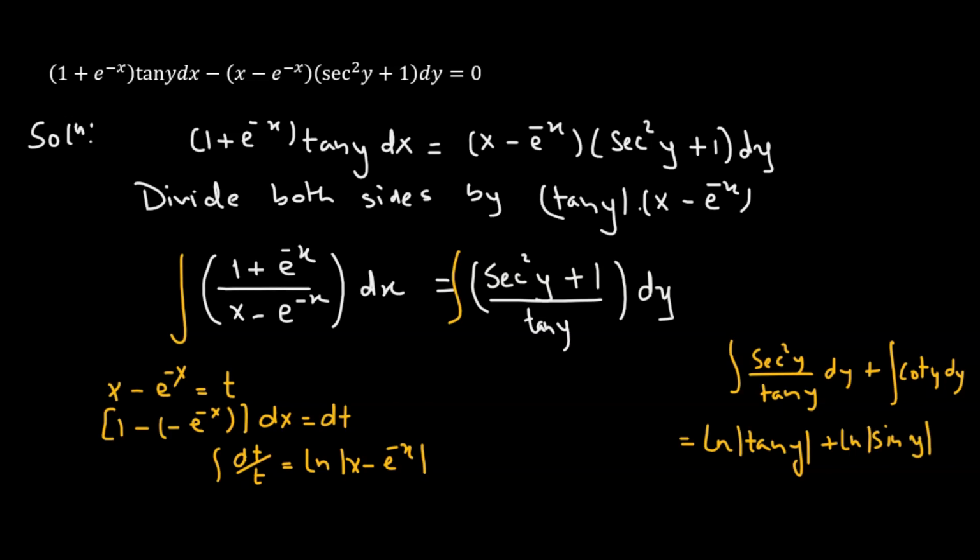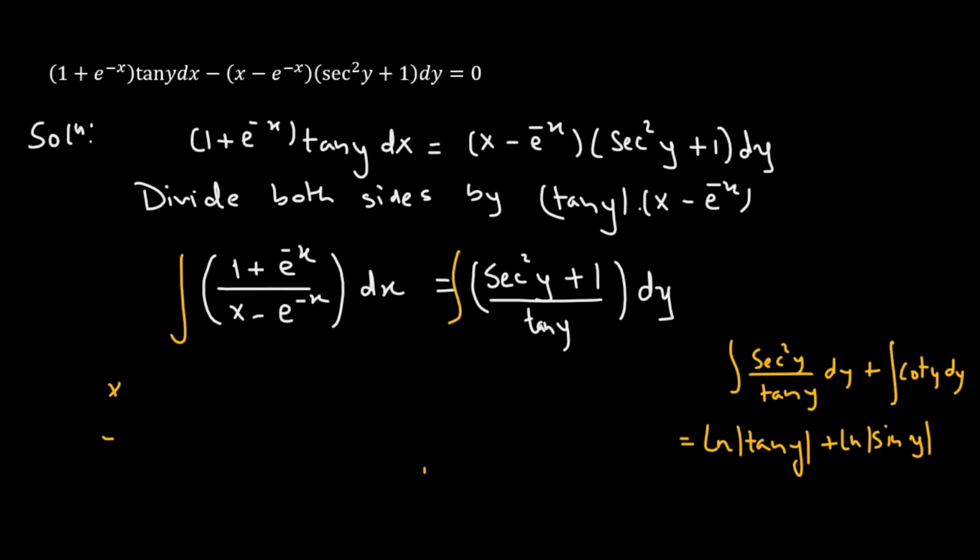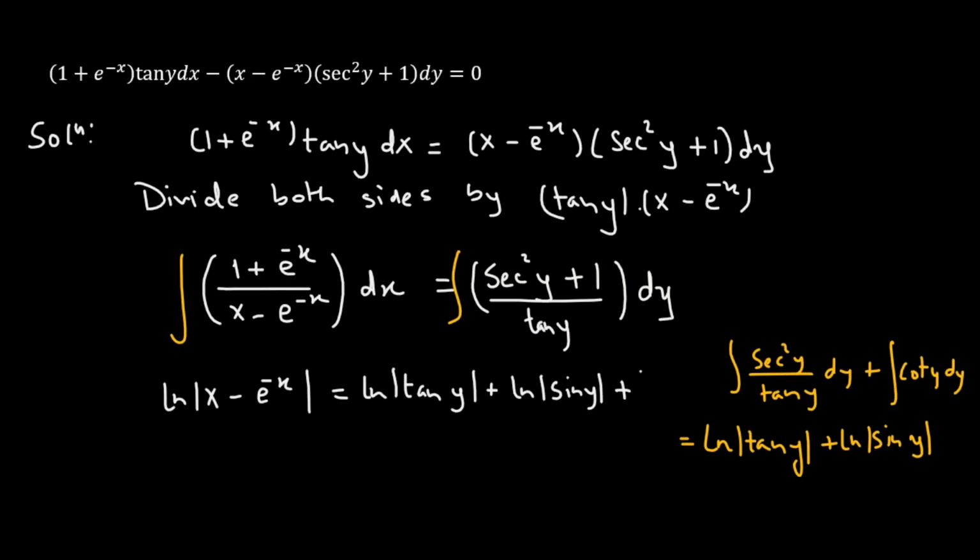Therefore we will get, let's write it down, natural log of (x - e^(-x)) equals natural log of tan y plus natural log of sin y plus the constant of integration.